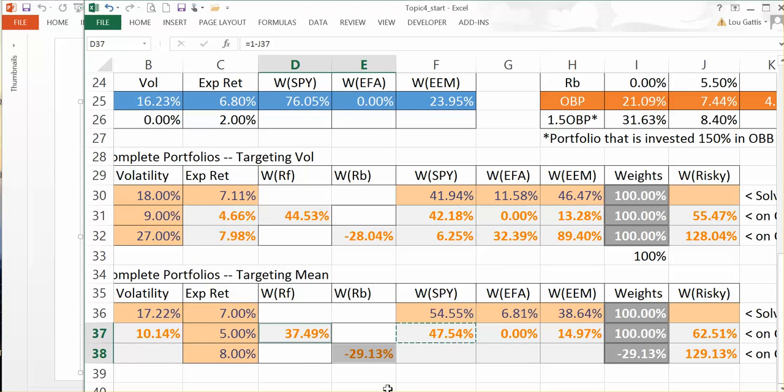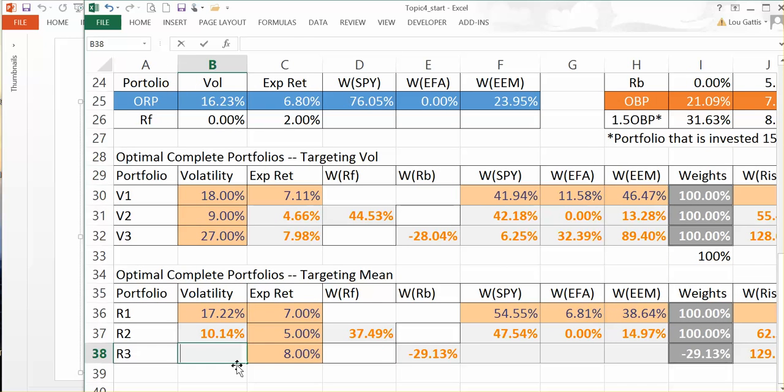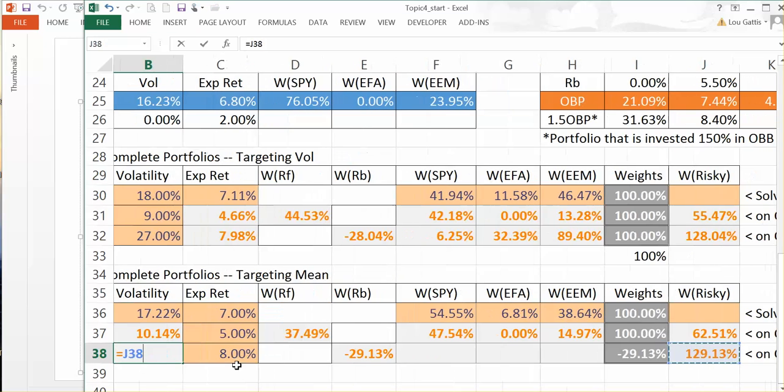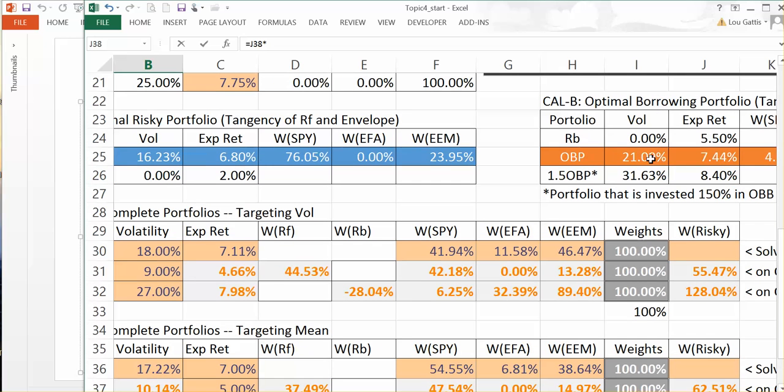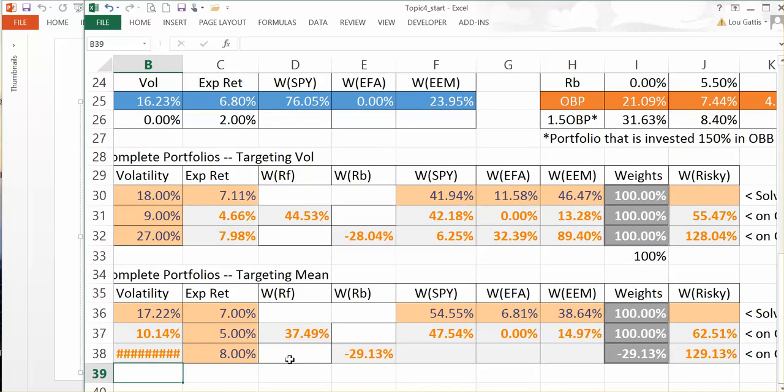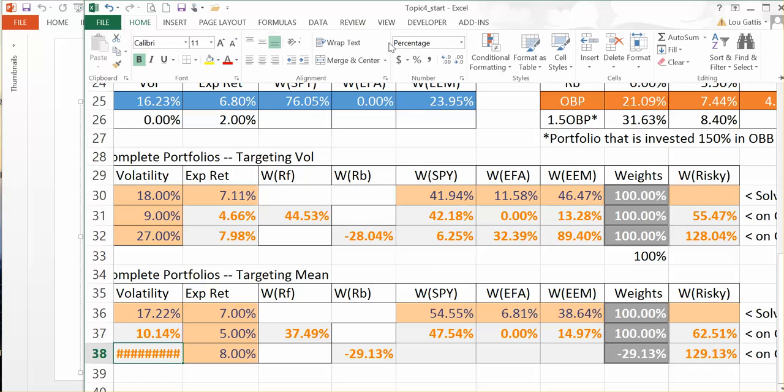So if I had $100, I'd borrow $29 at the borrowing rate of 5.5%. That'll give me a portfolio volatility of 129% of the volatility of the levered portfolio, which is 29. So I get a portfolio volatility of 27%.